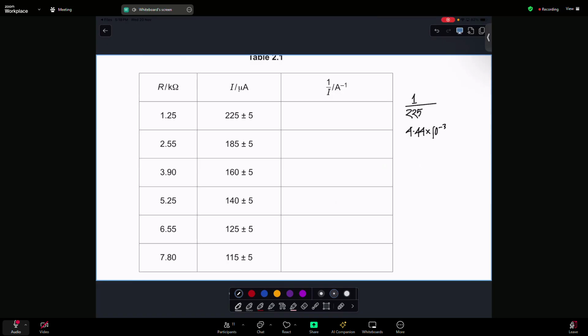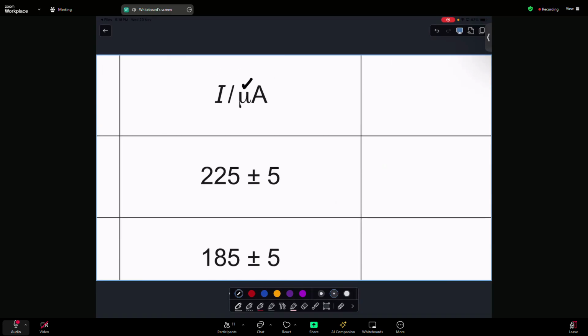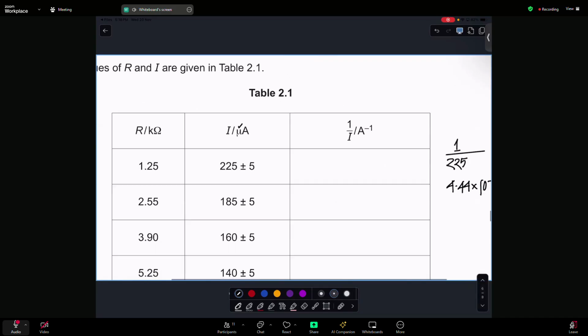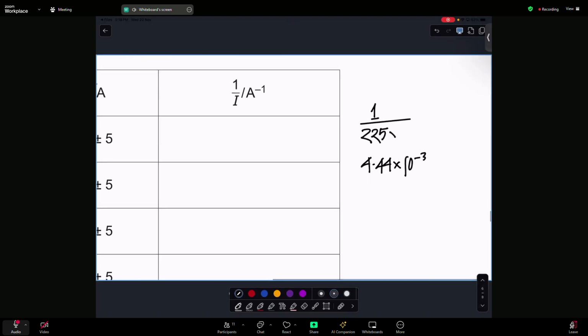I don't think so. Oh, you didn't take the micro. Yeah. So the micro has to be there. So into 10 to the power minus 6 should be a large value. 4.4 into 10 to the power 3.